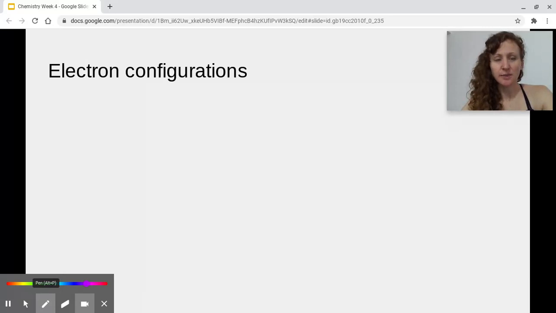last class we talked about how a code can describe where an electron exists, and that code would contain 4 different quantum numbers.